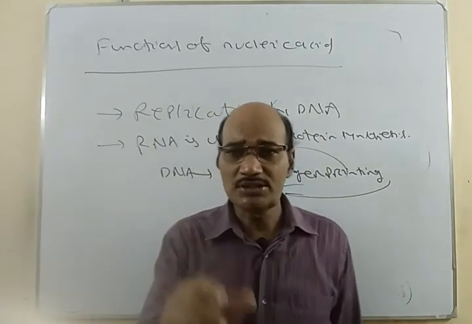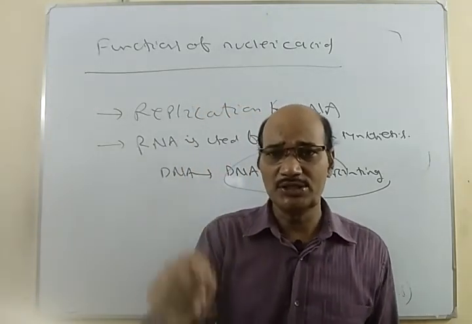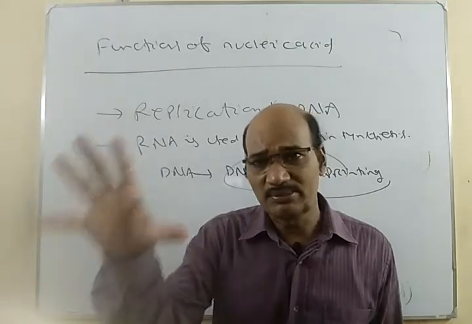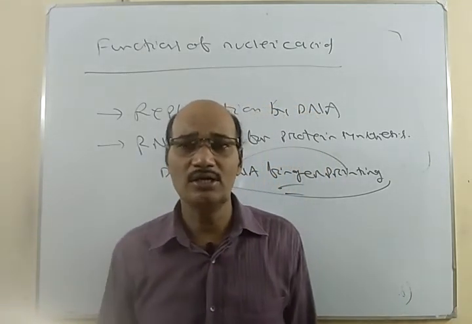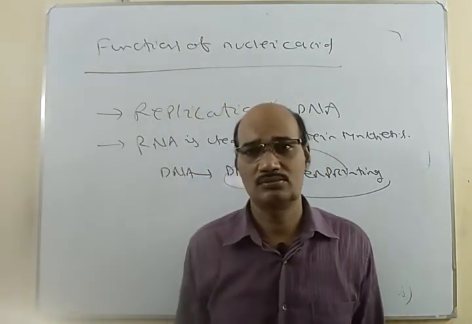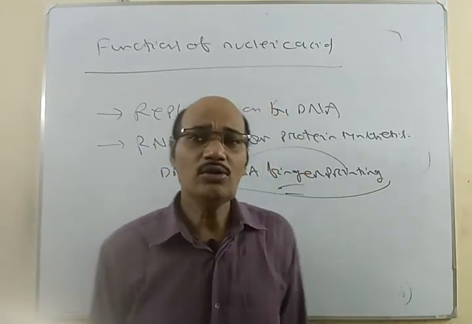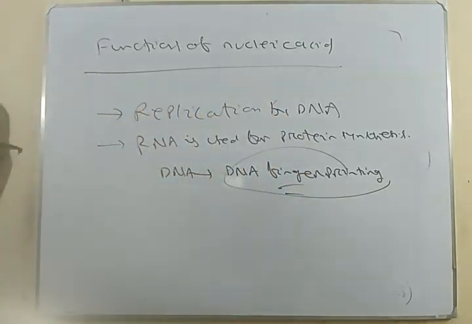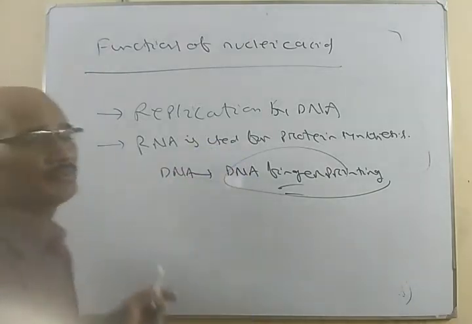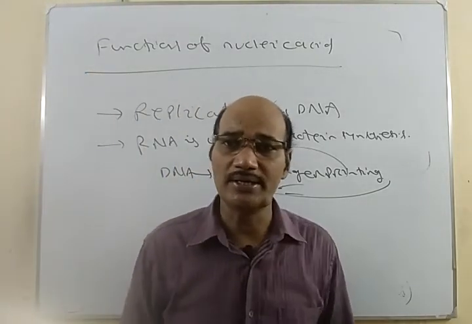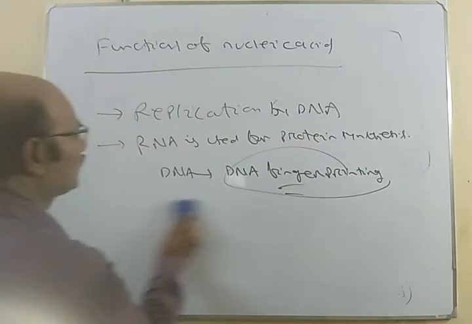And also this DNA fingerprinting is used for the identification of criminals in the forensic laboratories. Okay, so this is called DNA fingerprinting, and these are the applications of DNA and RNA.